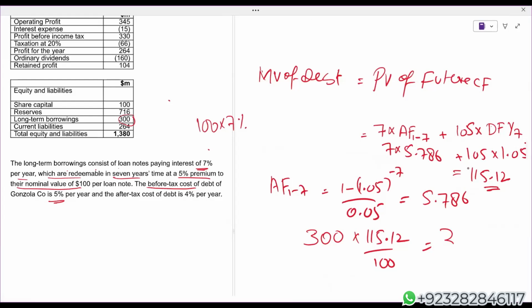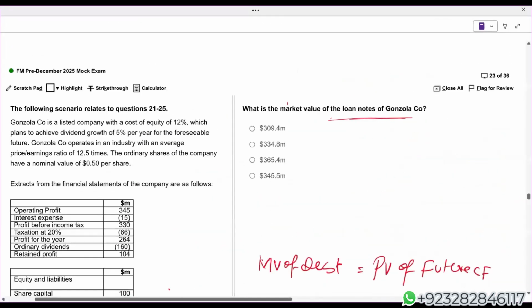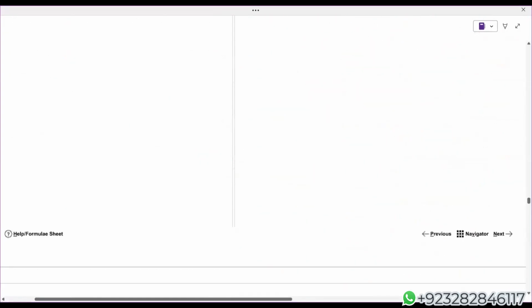I'm getting 345.36 million. If you are not getting the exact answer, go for the closest one. So can I say the last one? The closest one is 345.5. Okay.